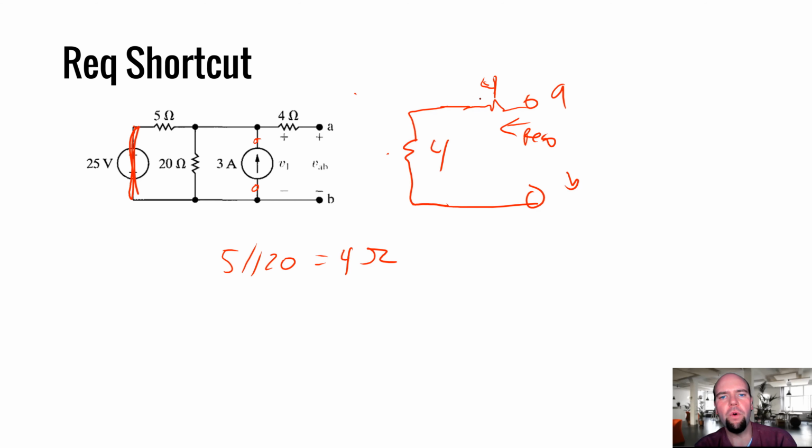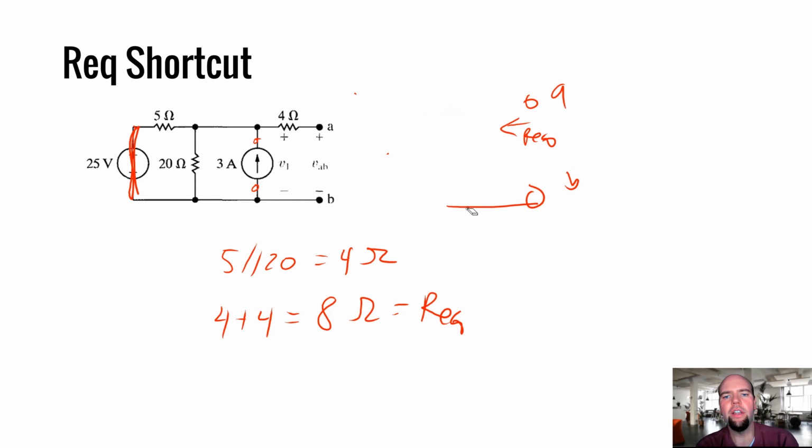And then we have a 4 in series with a 4. So that's it. That's REQ. We found that was actually really easy. And quite often, that's the easiest way to do it.